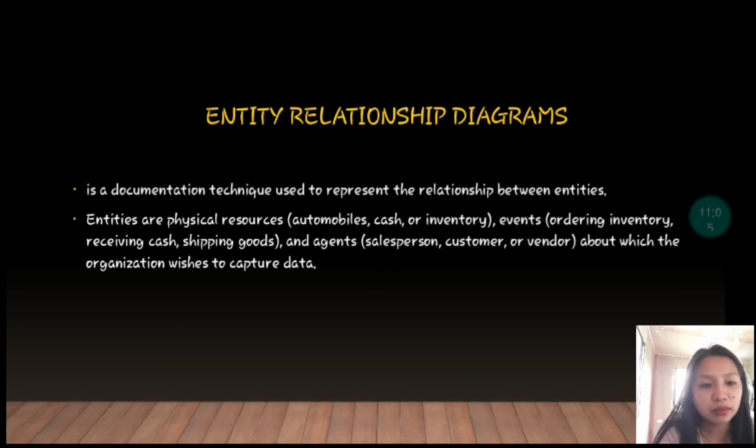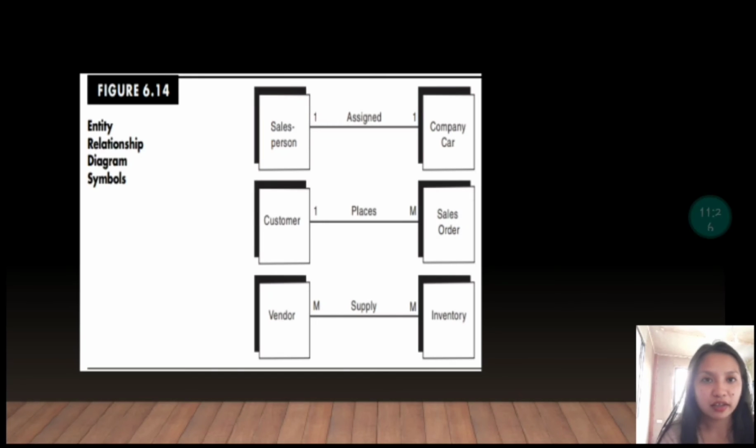One common use of the entity relationship diagram is to model an organization's data, but it will be elaborated in chapter 8. So I'm just going to introduce what an entity relationship diagram is. Figure 6.14 is the symbol set for the ER diagram, or the entity relationship diagram.